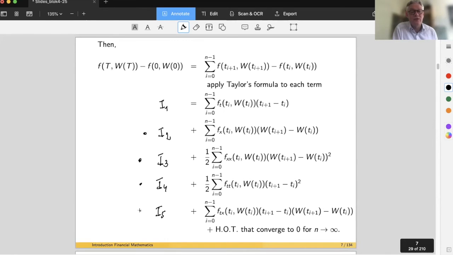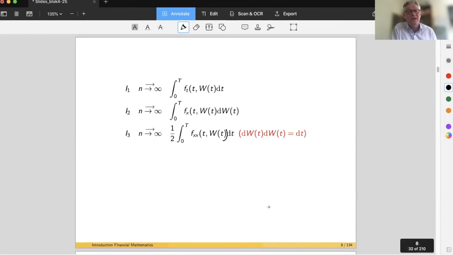And the fifth one, recall that the fifth one looks like this. It's a mixed term with a dw dt term. We have also given arguments in a previous lecture that this will also converge to 0 when n goes to infinity. It was all based on the partition: when the number of points in our partition went to infinity, and the maximum size of the intervals went to 0, then this would converge to 0.